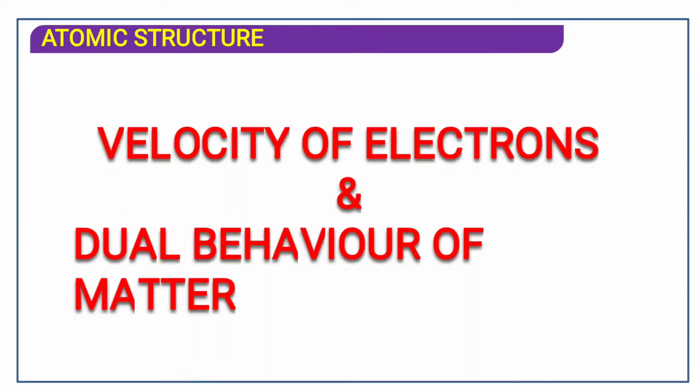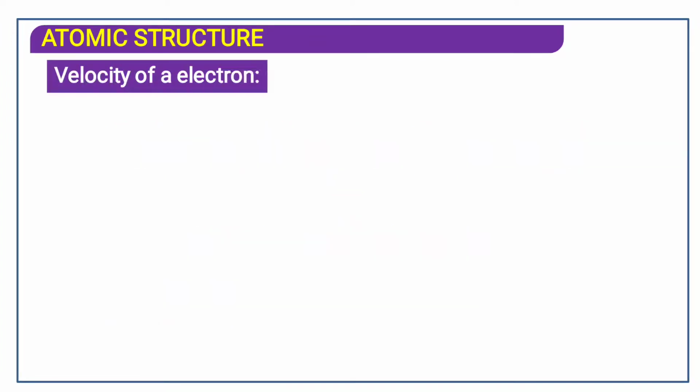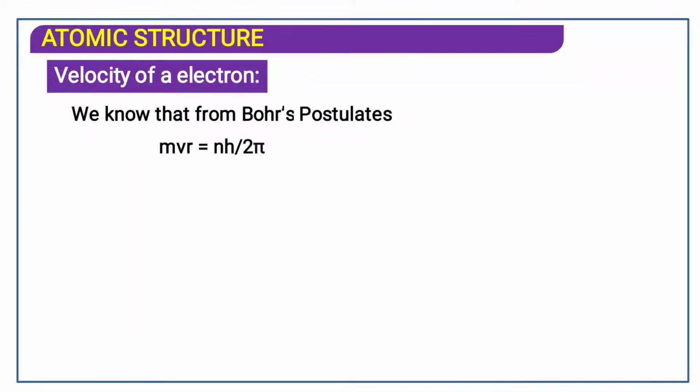Now velocity of electron and dual behavior of the matter. Now we know very well the postulate of Bohr, mvr is equal to nh upon 2 pi.